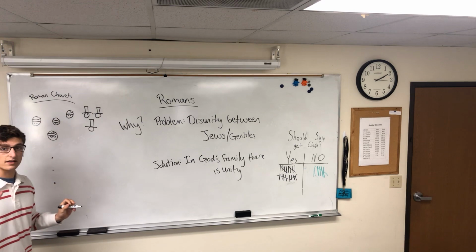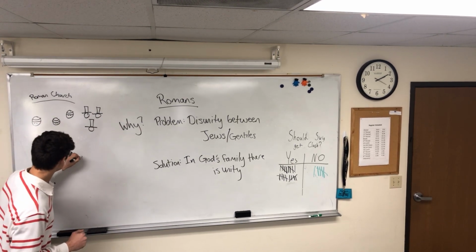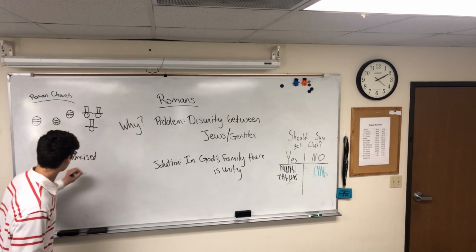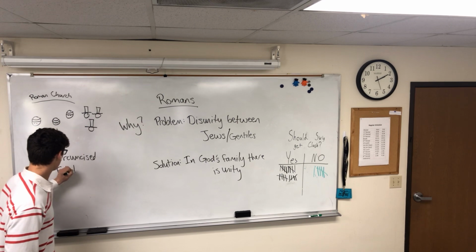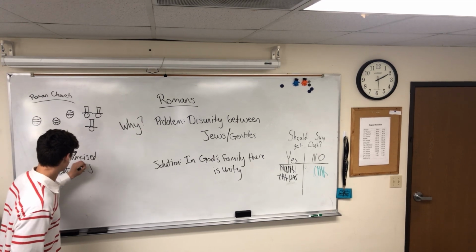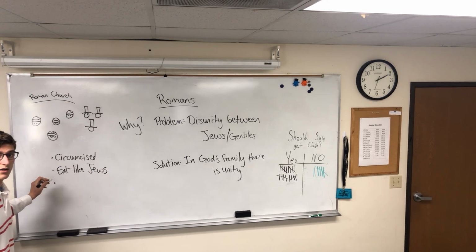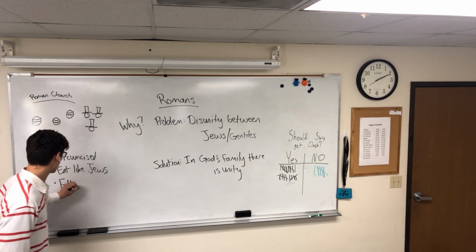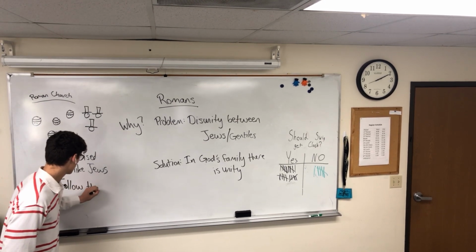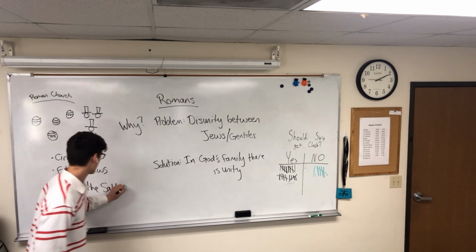And these Jews were saying some certain things. They were saying that Gentiles need to do specifically three things, and that's be circumcised. They need to eat like Jews, and they need to follow the Sabbath, or keep the Sabbath is the language in the Ten Commandments.